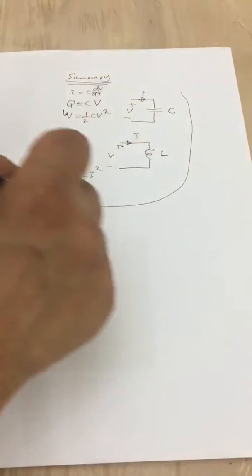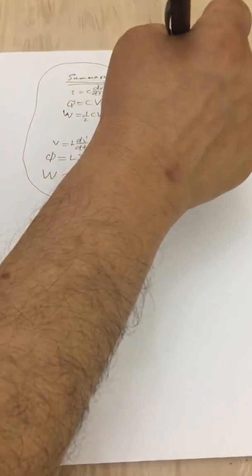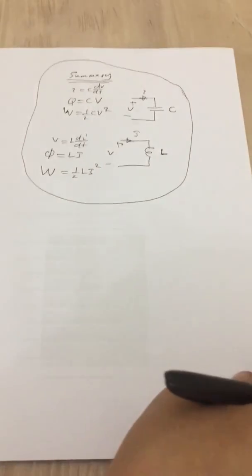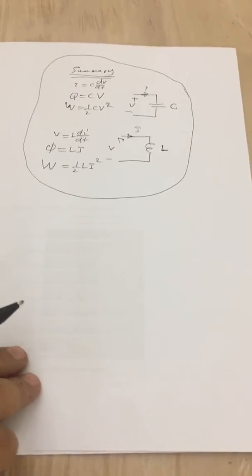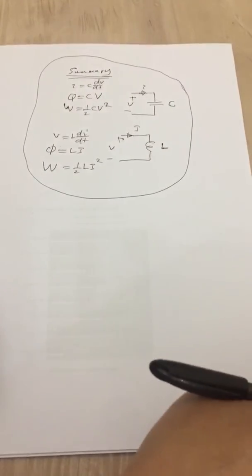So this is basically a summary of what we have done, okay? Now, an important note I want you to note, now we will deal with inductors and capacitors in both DC and AC, but now let's emphasize the DC, and later on we'll go to AC when we come to deal with AC circuits.